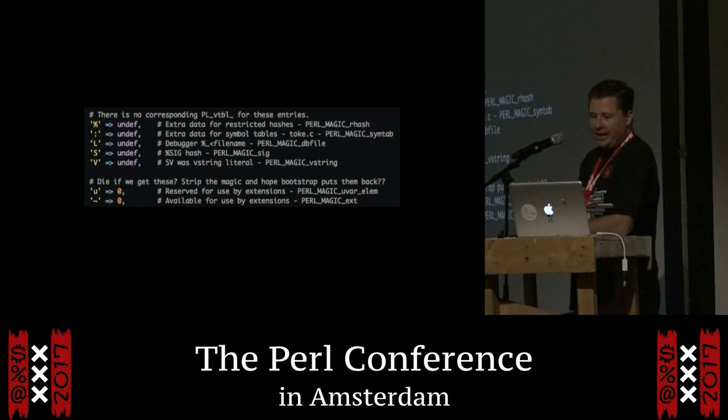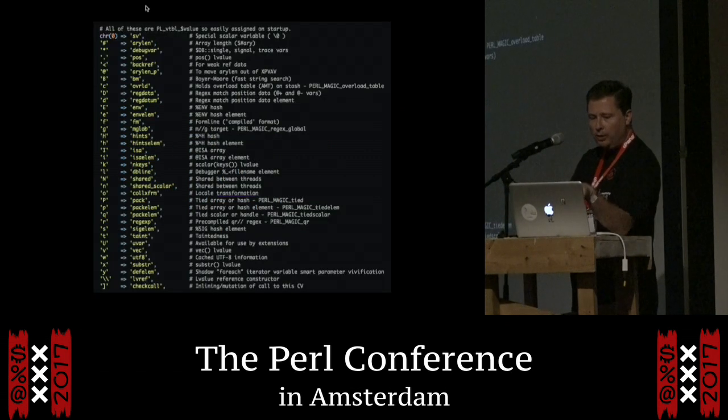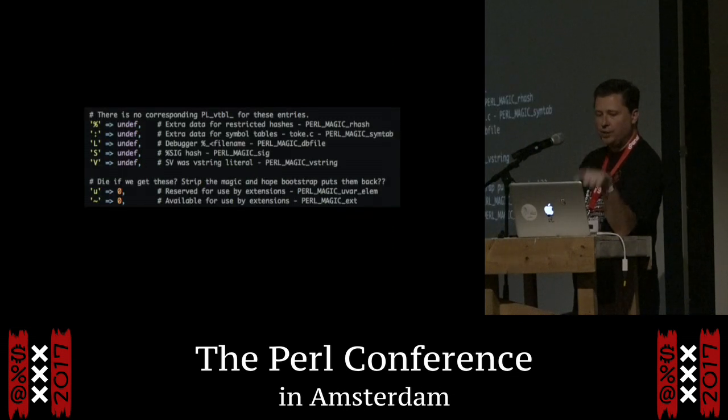There are these that don't actually have detailed entries. So all of these were PL_vtbl_arylen or PL_vtbl_pos. These are all entries that are just set up by Perl and available for use. There are two types of magic that are reserved for use by, as best I can tell, XS. I'm not sure if they've ever been used. To be honest, we've never seen code that uses them yet.